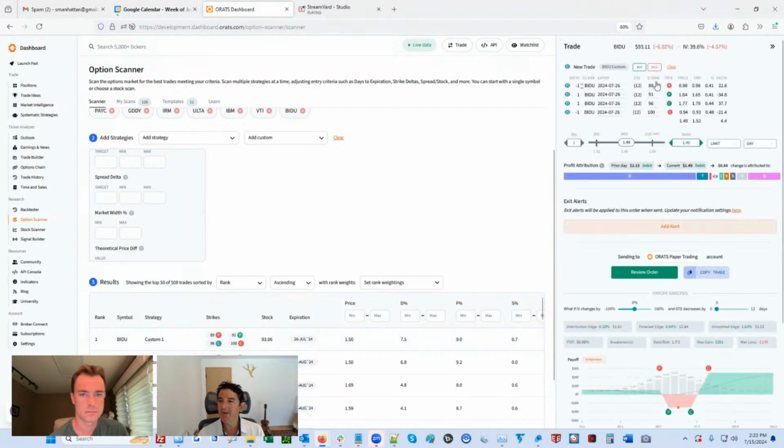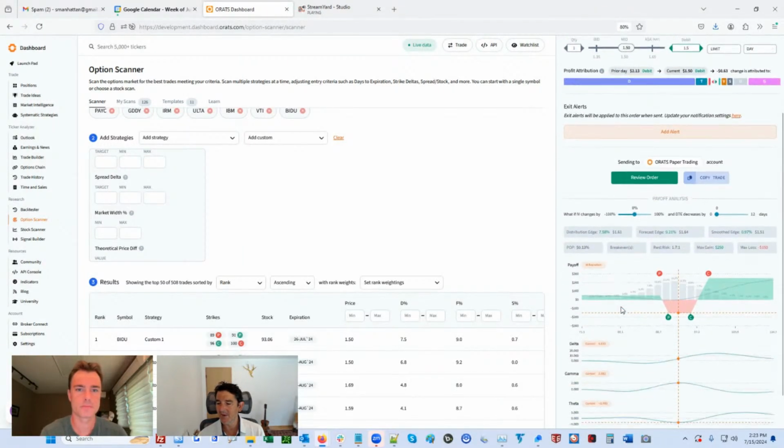So now here's Baidu. So we're buying the 91, selling the 89. We're buying the 96 put. Right, the call. Sorry, let's start over. So the payoff diagram looks pretty good. The payoff diagram looks like where we want our profit to be. Yeah. Now that looks like a long delta trade. Is that long delta?